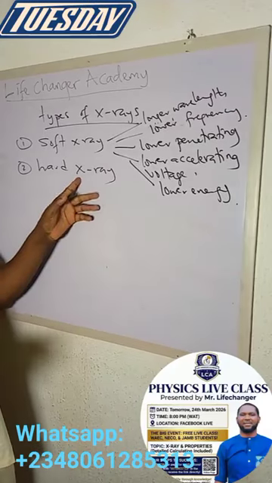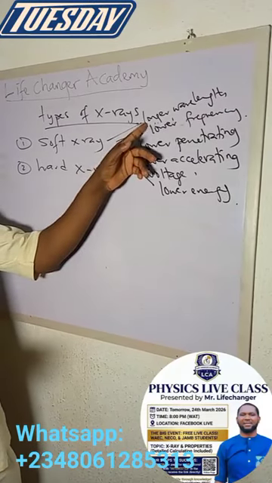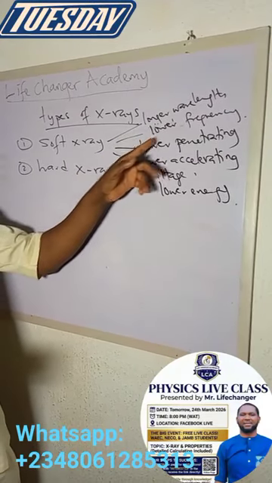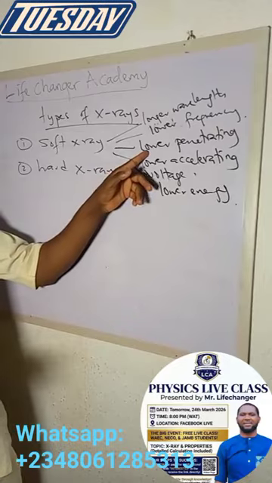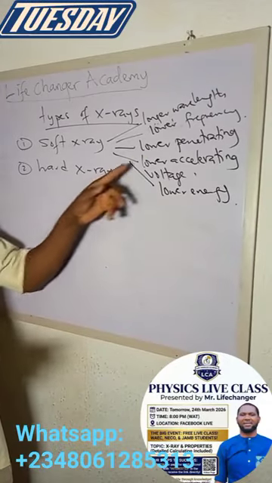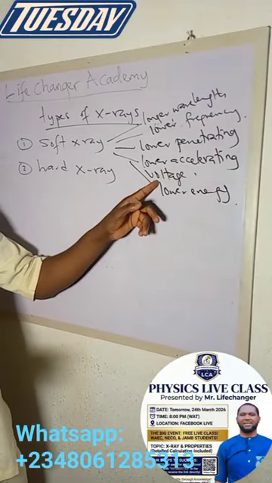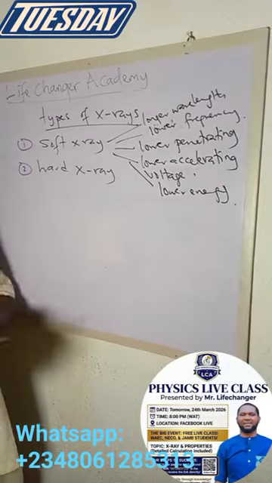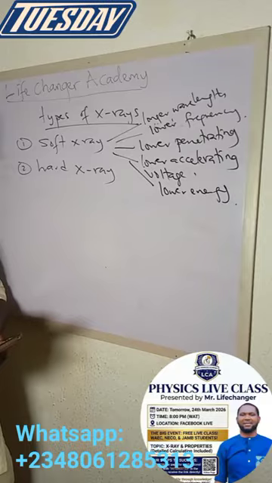Hard X-ray will have shorter wavelength, higher frequency, higher penetrating power, higher accelerating voltage, and higher energy. That is very, very important. I believe that makes a lot of sense.